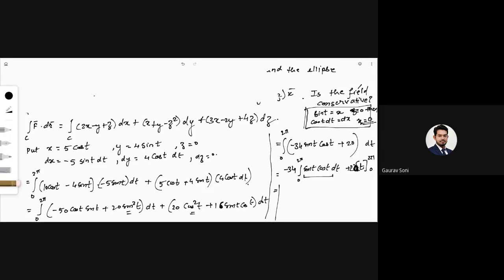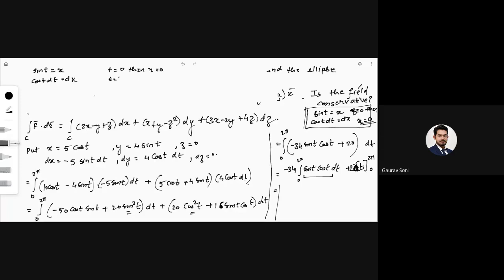Okay, so what I was doing, put sine t is equal to x. So cos t dt is equal to dx. If t is equal to 0, then x equals 0.